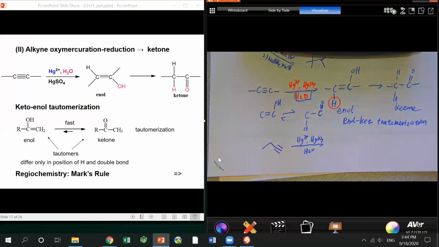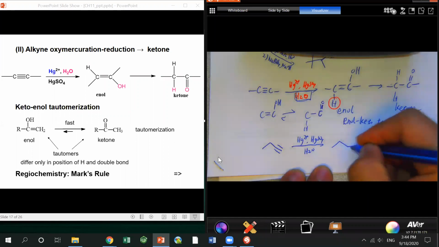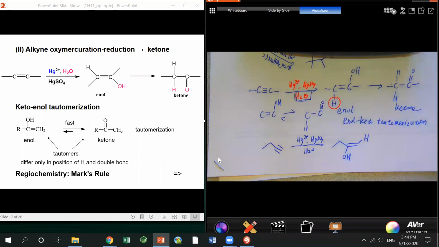Draw the enol first, since you know where the oxygen goes, and then the carbon with the oxygen attached becomes the ketone. So draw the enol first.